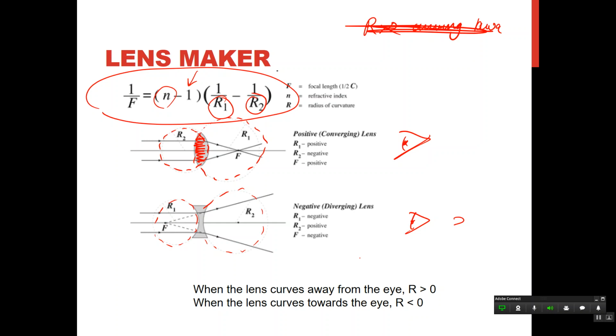Is R1 curved towards your eye or away from your eye? Towards. If it's towards, is it positive or negative? Negative. So that's going to be a negative radius of curvature for that one. How about this one? Is it curving towards your eye or away from your eye? Away, right? It's going away from your eyes and then coming back. That one's going to be a positive radius of curvature. It's the opposite of this one. Make sense? All right.